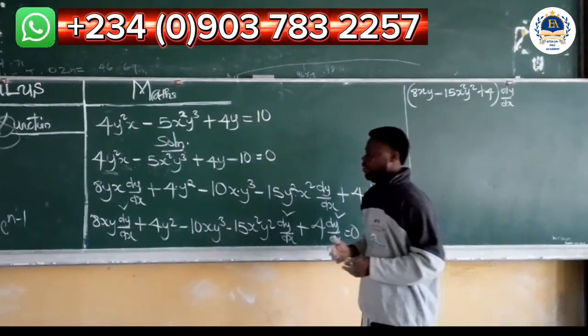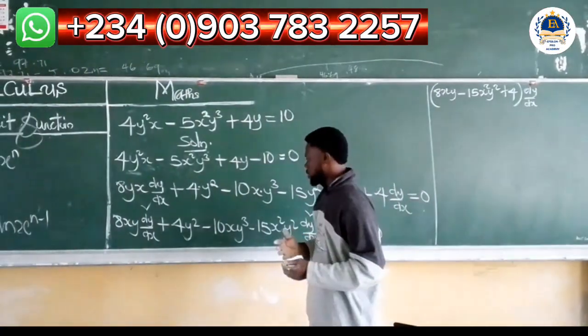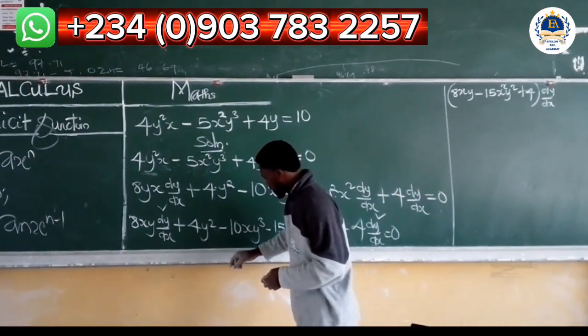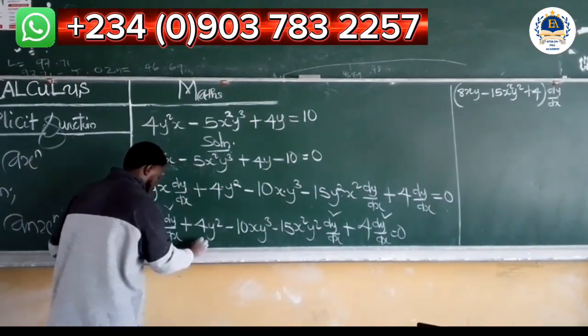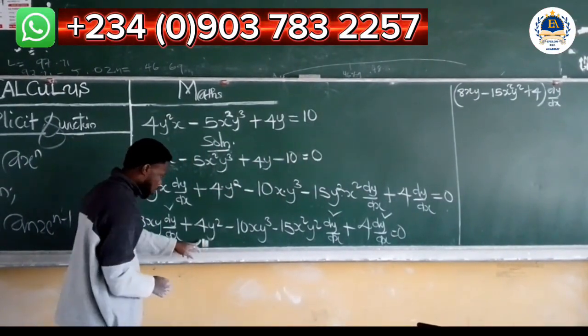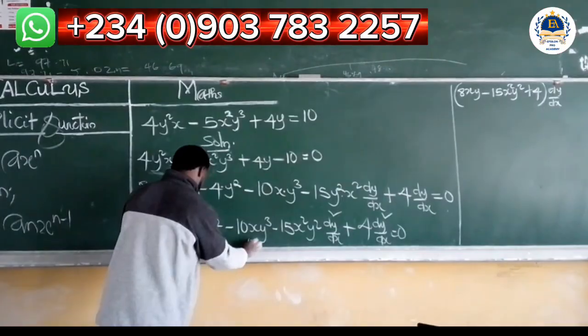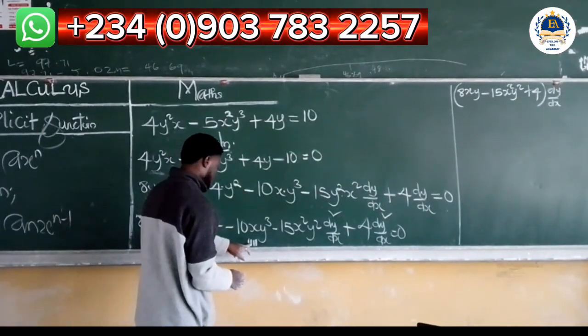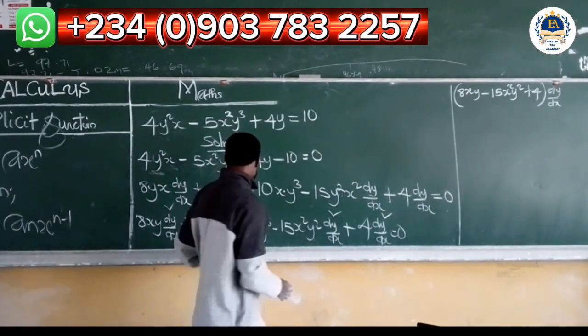Then let's do the same to the x terms, and these are the x terms, x term 1 and 2. So we have just 1, 2.